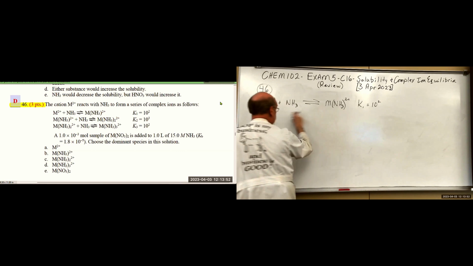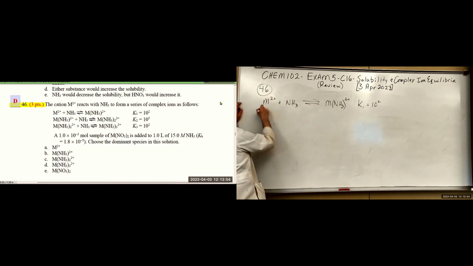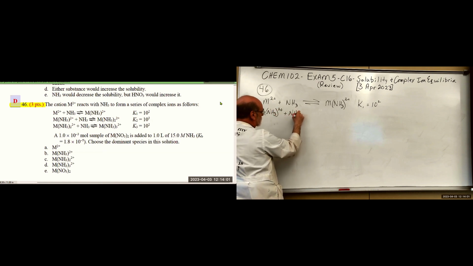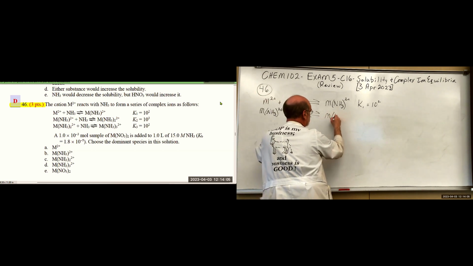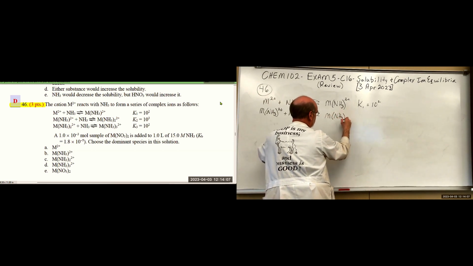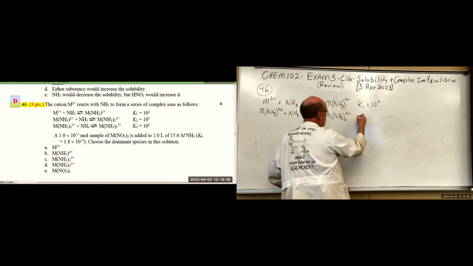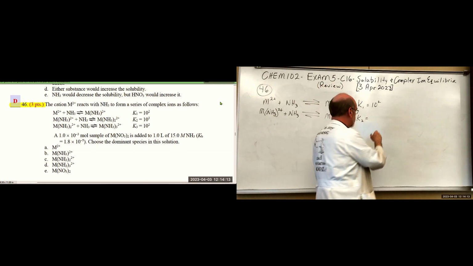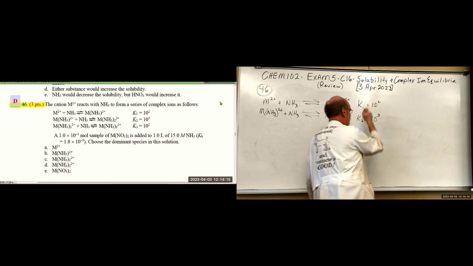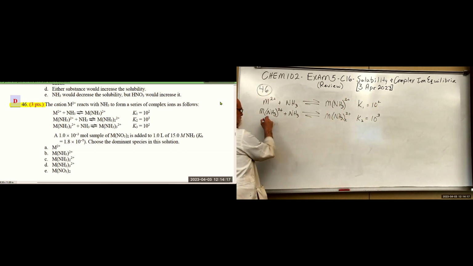Okay. Second one, we take this one, and we add another ammonia. Still with a 2+ charge. And the second K is 10 to the third. And then one more.